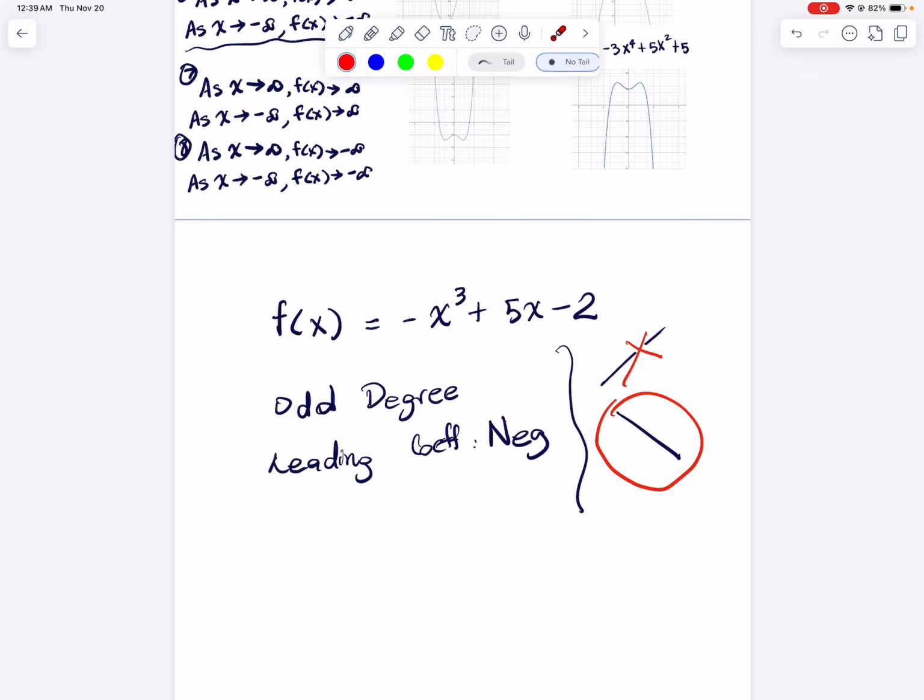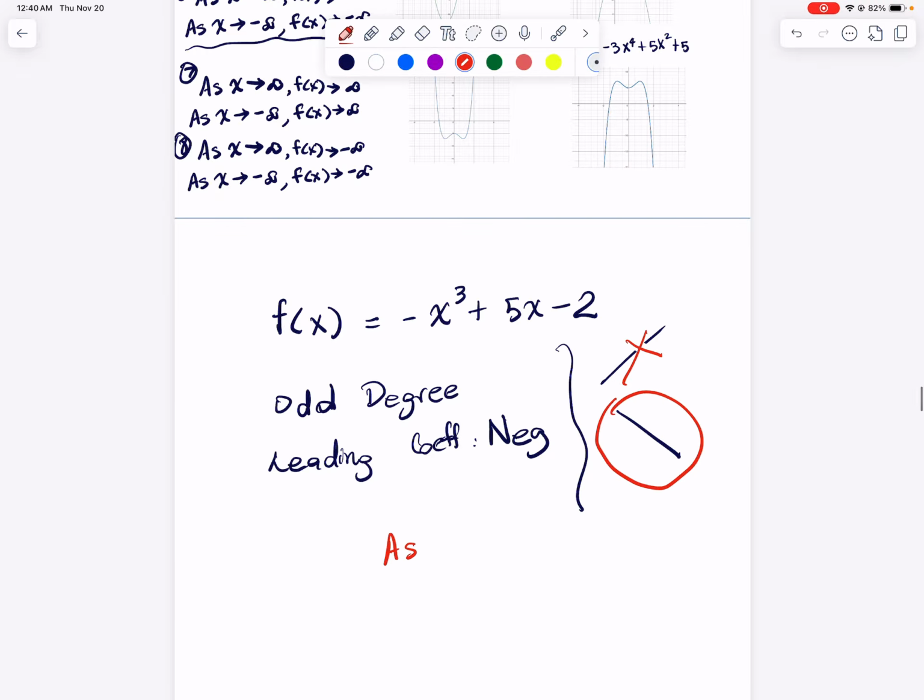All right, which means that when we're looking at end behavior, in this case, as x approaches positive infinity, f of x will approach negative infinity.